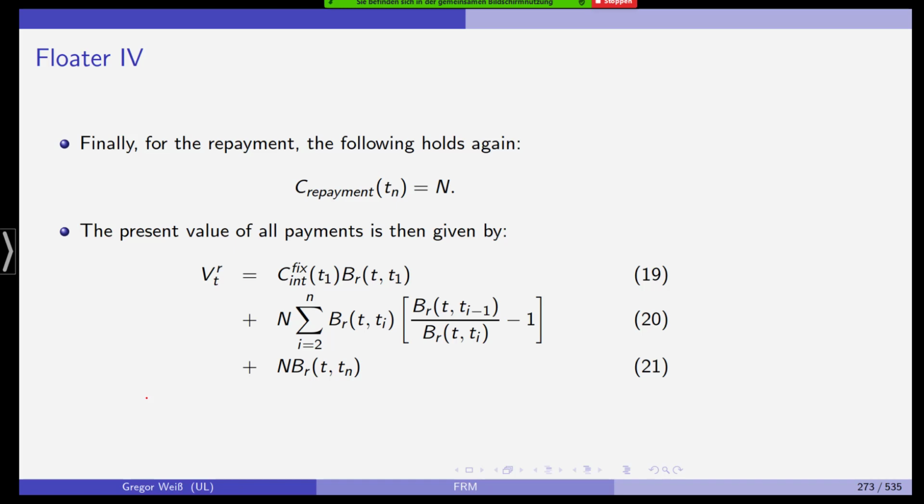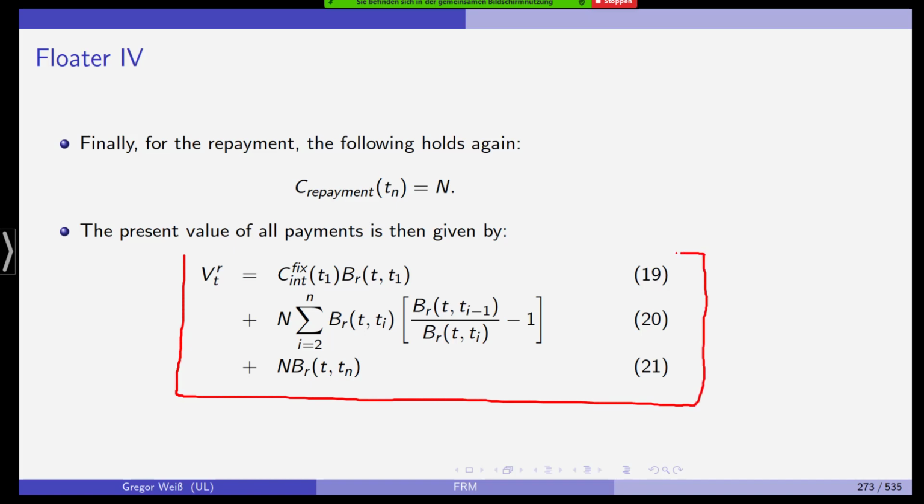And if we now calculate the present value of those three types of payments, the already fixed payment in T1, the notional at the very end, this is line 21, and all those variable payments in between, we get this as the present value and thus the fair price of the floating rate agreement, of the floating rate note.